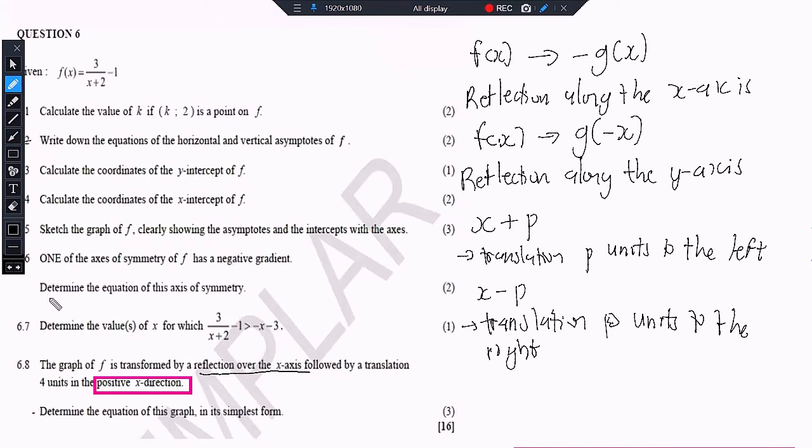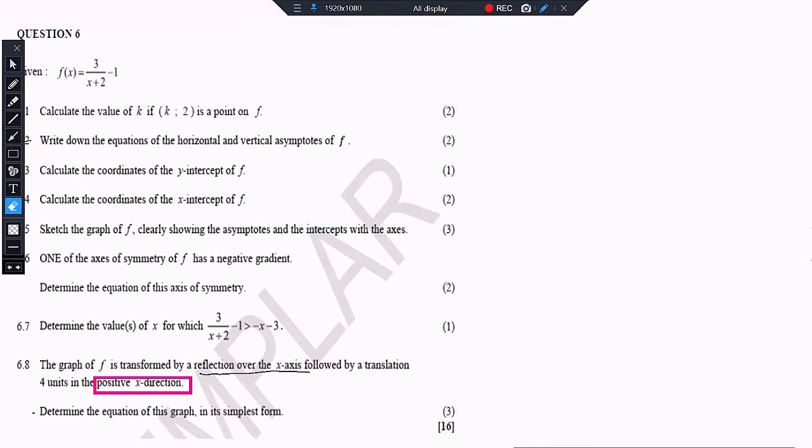Now, at this point, we do understand we are being told that this is transformed by reflection over the x-axis. So what are we supposed to do now? Let's reflect this over the x-axis. Originally, we have our f of x is 3 over x plus 2, minus 1. But we understand that our f of x must change to negative g of x.